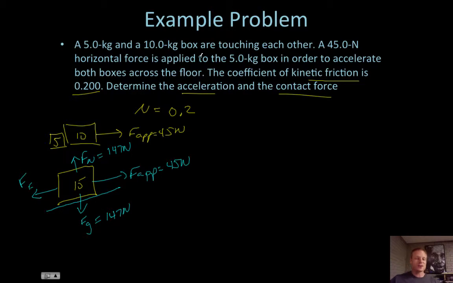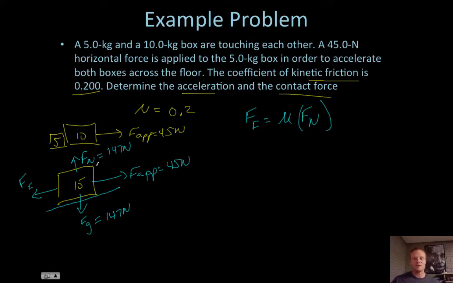Now the force of friction, how do we calculate that? Well, remember, the force of friction is equal to mu times the normal force. And that's why we needed to calculate this normal force. In the previous problem, I may have said, why are you making us calculate the normal force and the force of gravity when it's not really necessary?